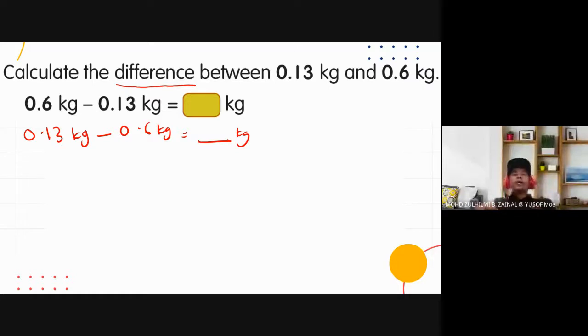This is how you make mistakes. Easy to make mistakes like this. Why? Because you don't know how to differentiate between the smaller decimals and the bigger decimals.